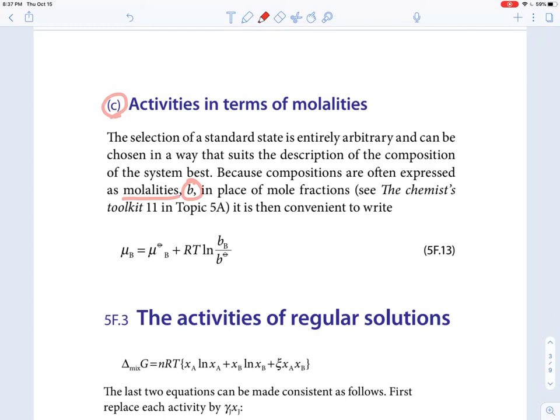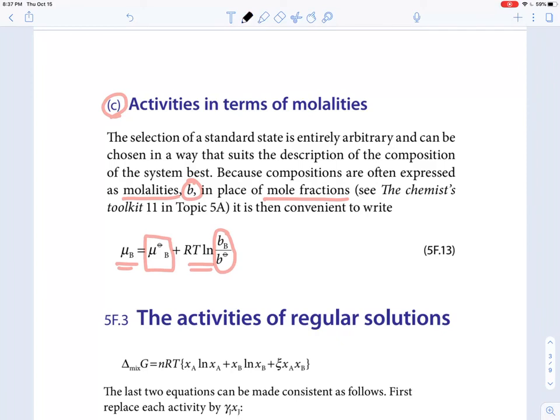Sometimes they just call it molarity in place of a mole fraction. So it is a proportional constant that is related to the mole fraction of B. Whatever the constant that they put in will be represented, so this relationship can also be used.